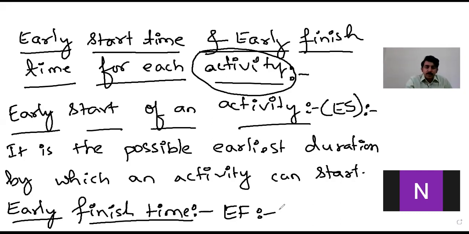So early finish time is nothing but the possible earliest duration by which an activity can finish. Okay, so that is the only difference. It is the earliest possible duration.